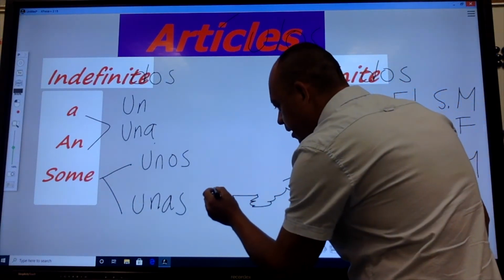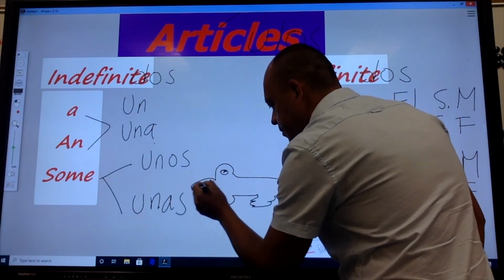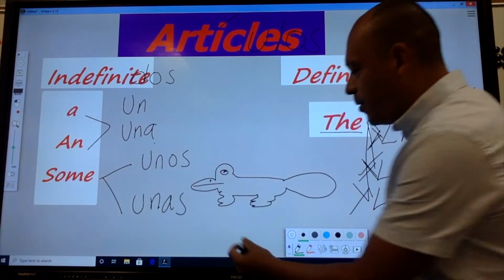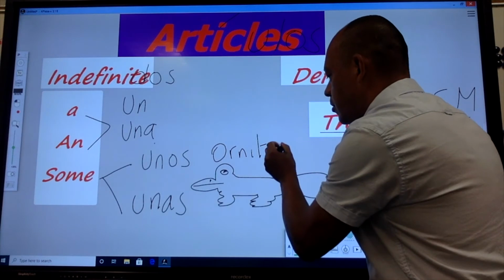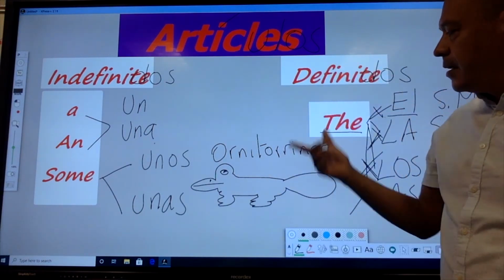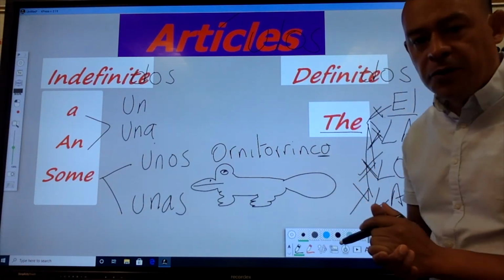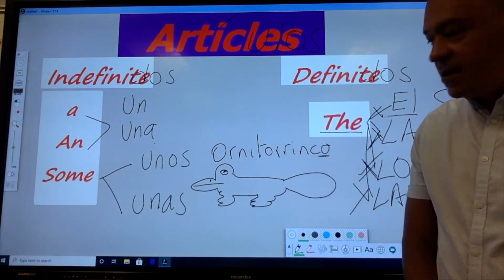One more example. Here we go, bring again this guy. En español, ornitorrinco. It's a good word to practice. Masculine or feminine? Remember what I told you? Most likely ending in an O, most likely it's going to be masculine.